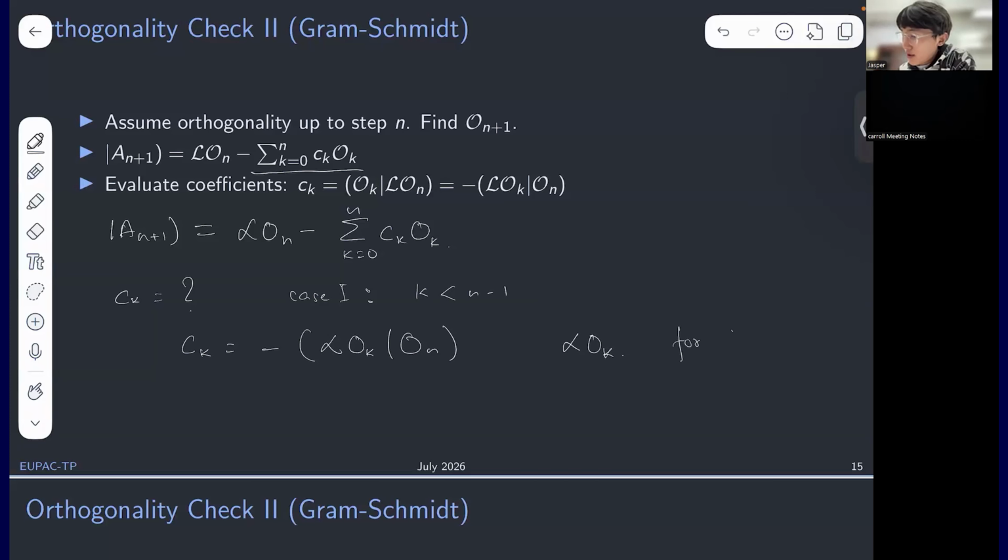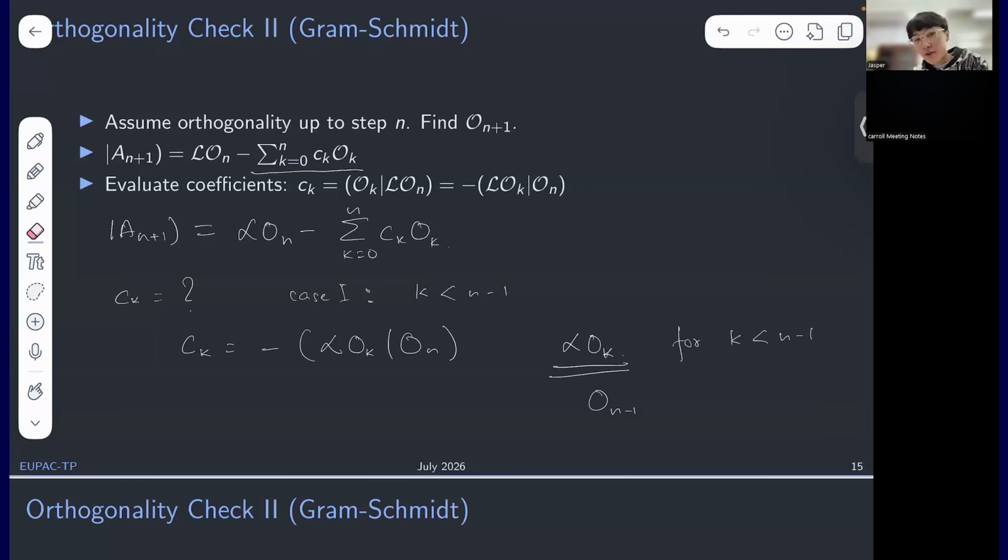For k less than n minus 1, L O k can at maximum generate our operator up to n minus 1. It cannot generate n, right?